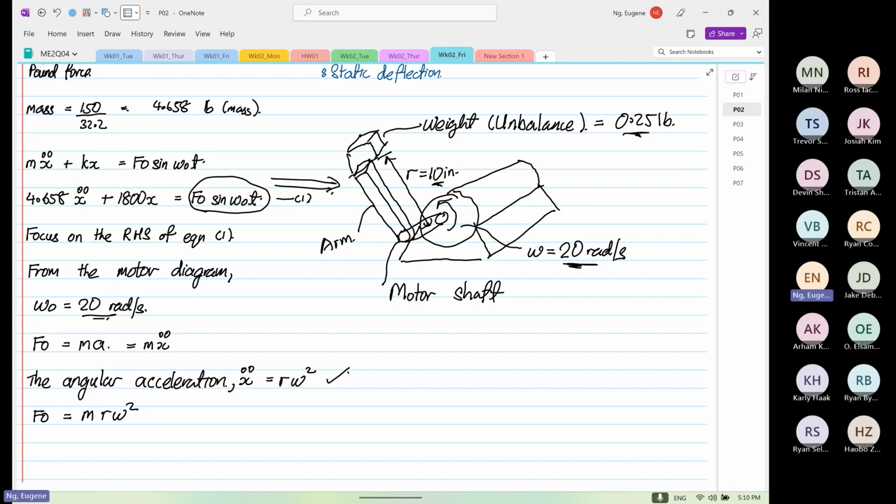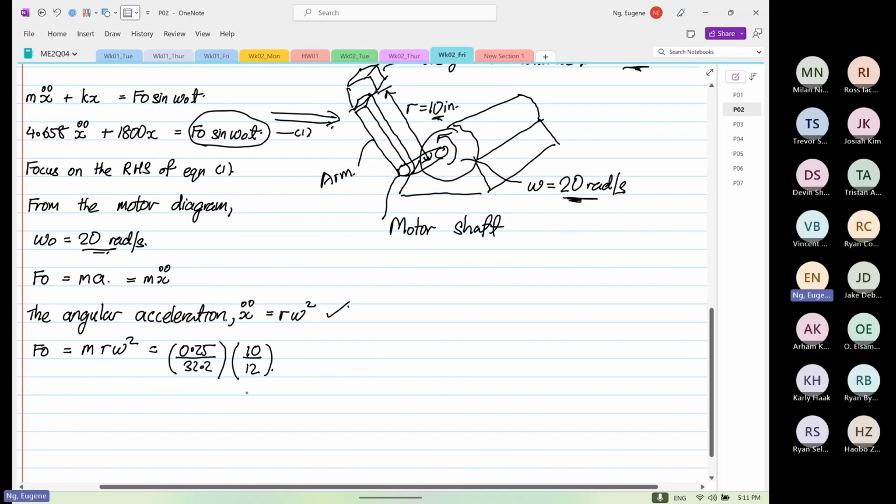So the mass now is equal to 0.25 divided by 32.2, because we need it to be in mass. The radius is 10/12 because we are going to convert this to feet.